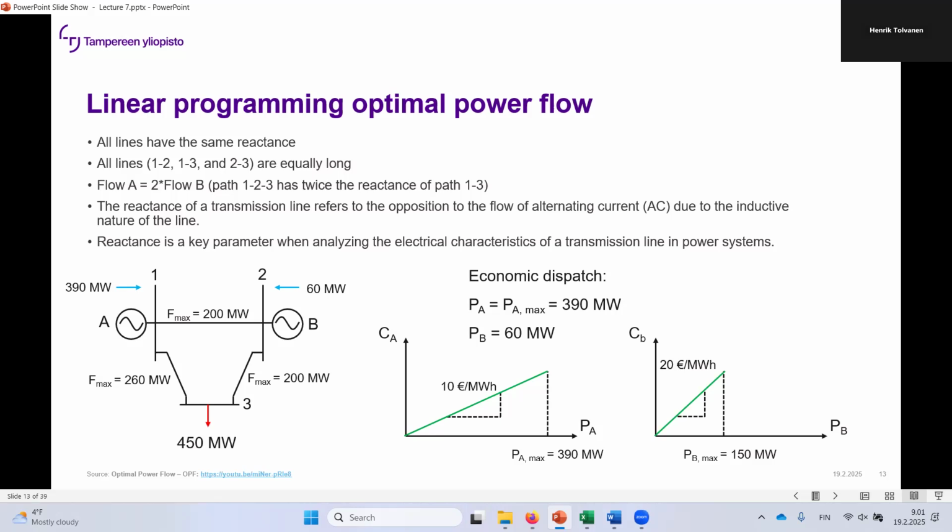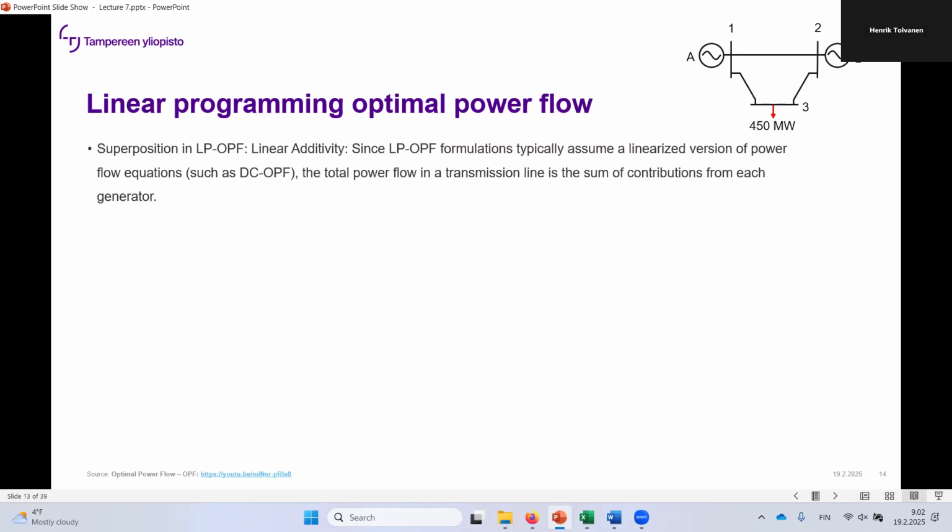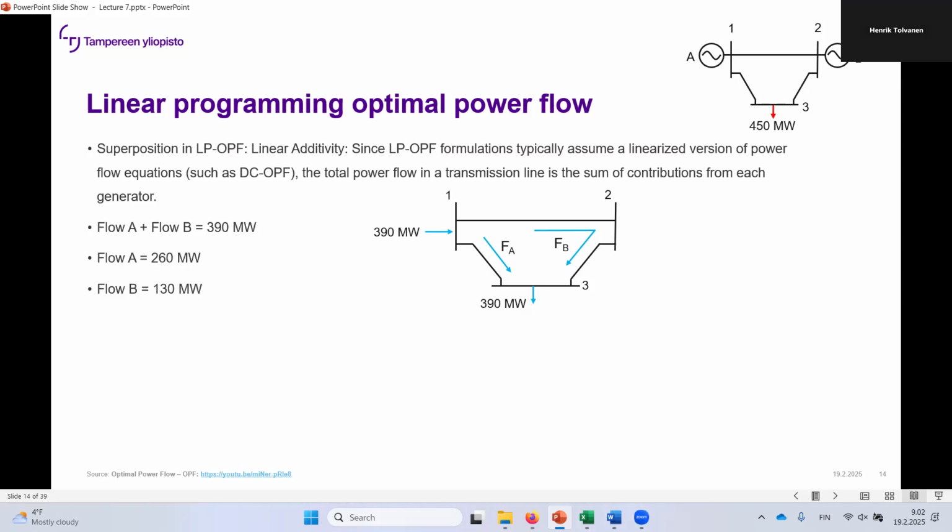So it doesn't necessarily mean that 390 megawatts is being transferred in between there. So linear additivity, a hard word. There's going to be this flow A and flow B, and it has to result in 390 megawatts. So that was the limit for this generator A.